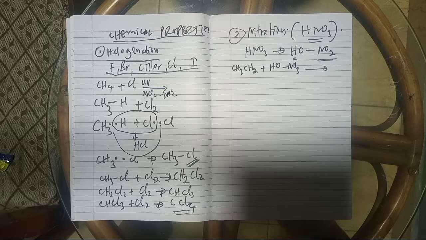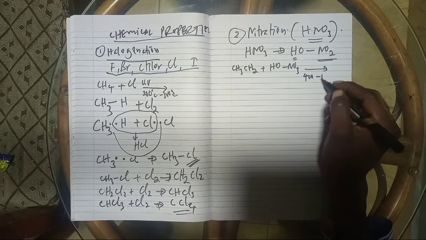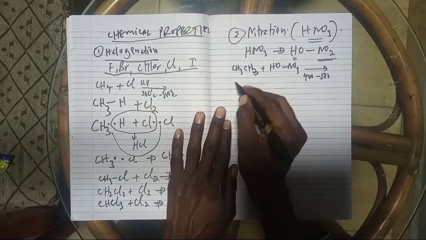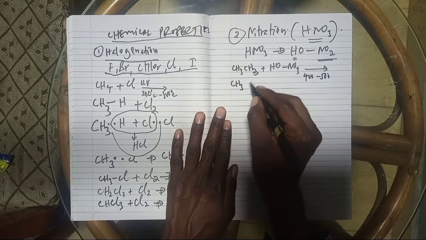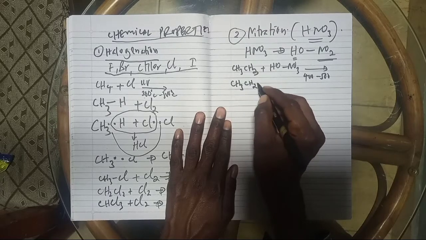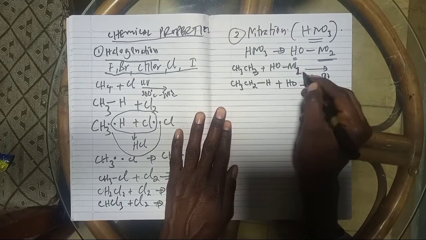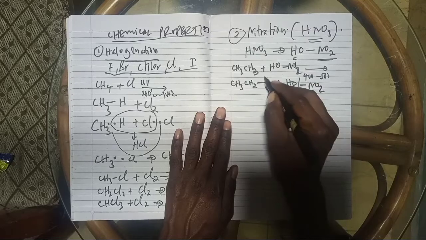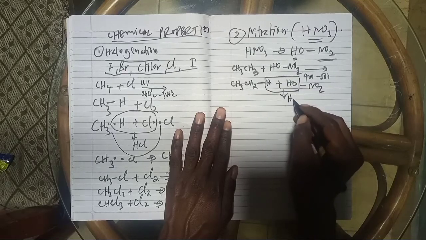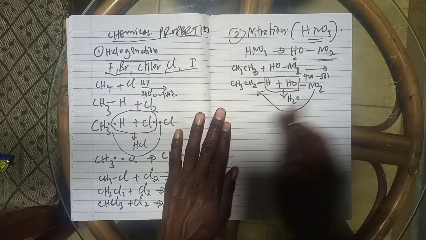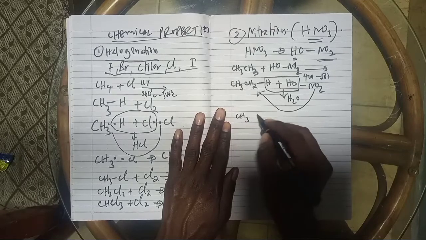Hii inafanyika katika temperature ambayo ni 400 mpaka 500, temperature kubwa sana, ili kuweza sasa kwamba hapa kuna hydrogen kiasi kwamba sasa CH3 and then here CH2, then this hydrogen, then plus HO, this is nitric, this is NO2. This hydrogen and hydroxide get together to form water, because we have 2 hydrogen and 1 oxygen, and this is joined to this one to form a nitro compound.